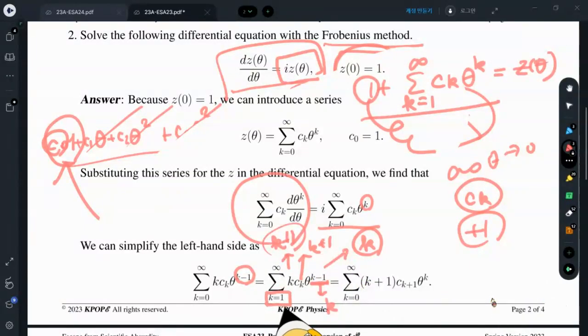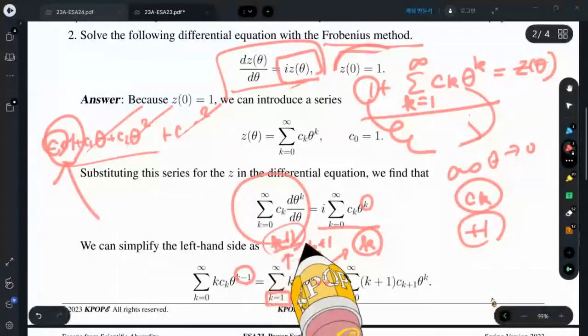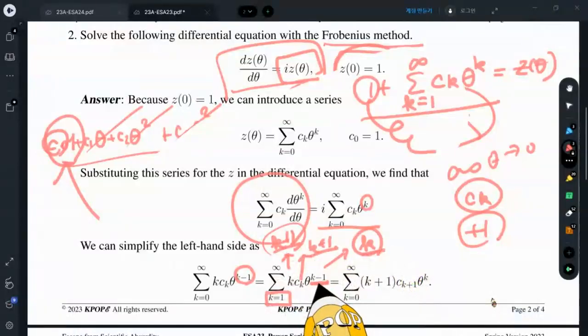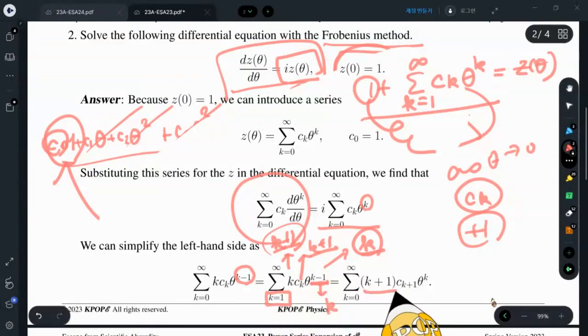This 1 should be 0. So first I substitute k plus 1 for the original k, it becomes k plus 1, k plus 1, k.